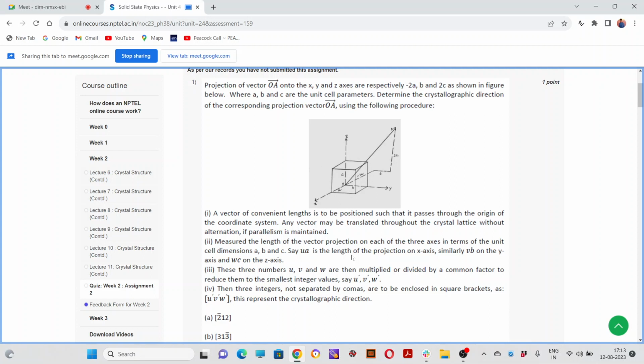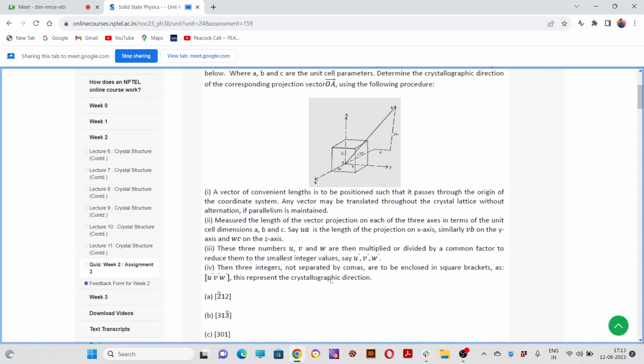So given the vector, if it is passing through the origin, then it is fine. You just need to find the projection, and if it is not, then you need to parallel shift the vector so that it passes through the origin, like one of these vertices is the origin. Then in terms of the unit cell dimensions a, b and c, say ua is the length of the projection on the x axis, similarly vb on the y axis and wc on the z axis. These three numbers u, v and w are then multiplied or divided by a common factor to reduce them to the smallest integer values.